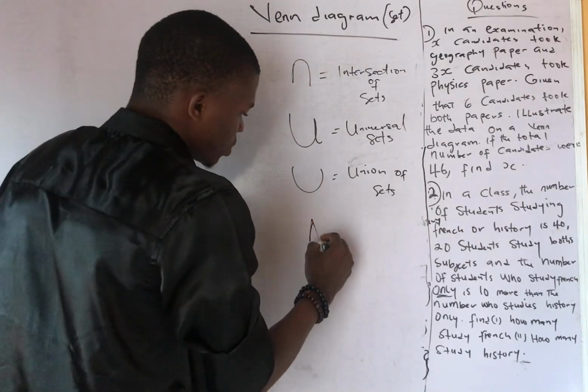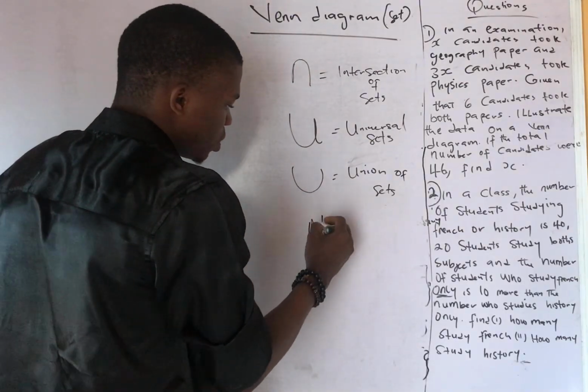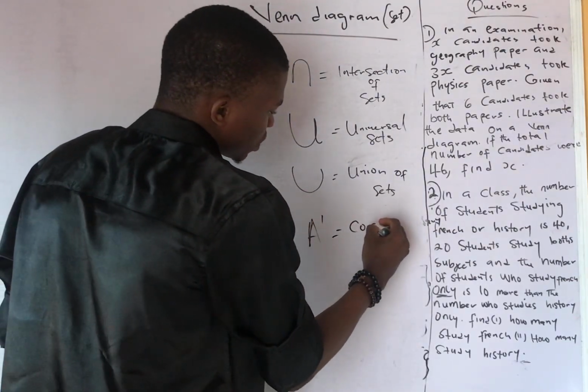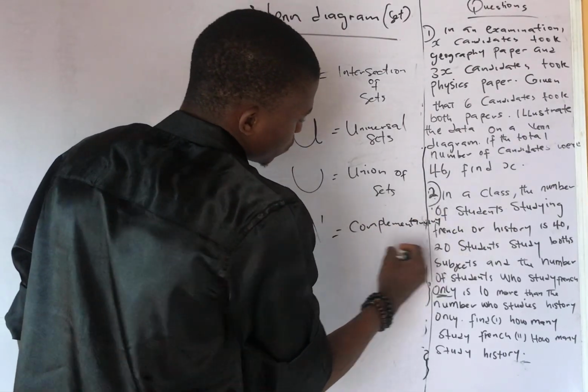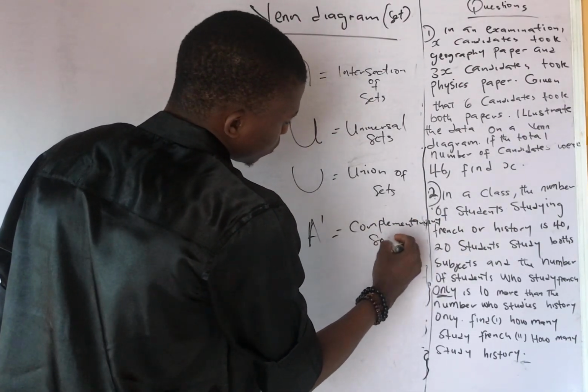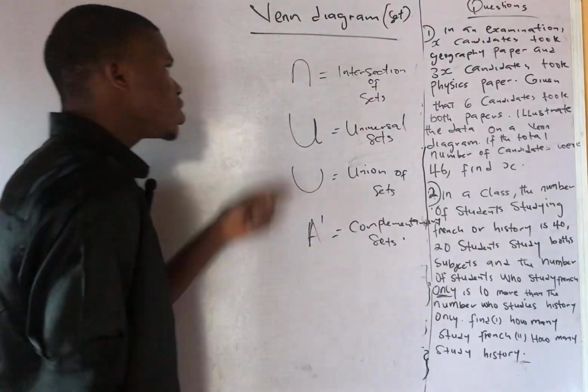Then we now have this, which is the universal set. Then we have something like this, which is the union of sets. Then we have an element like this, which is the complementary set. Now this is what we call the intercept.